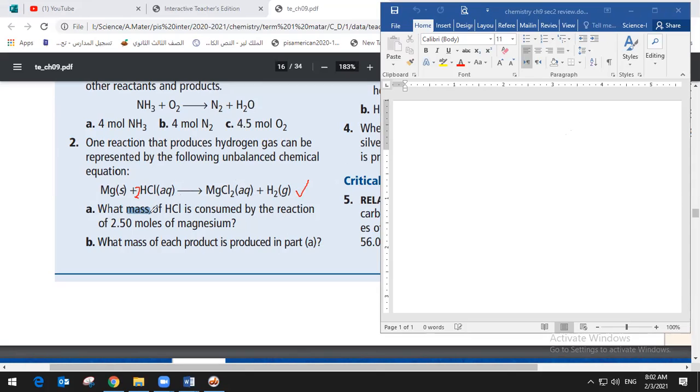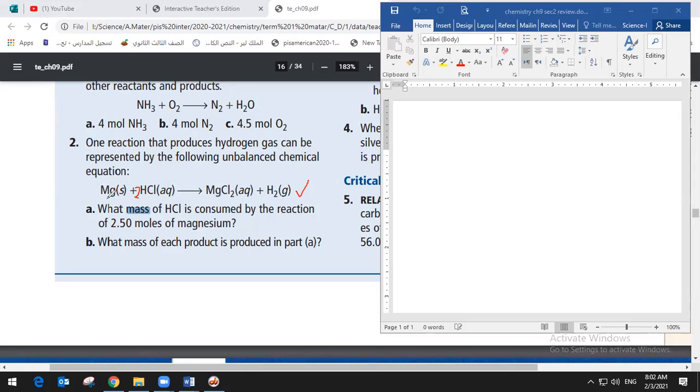Then we'll start. What mass of HCl is consumed by the reaction of 2.5 moles of magnesium? He asked about mass, grams. To get the amount in grams, first we should know the amount in moles. Brilliant. So let's use the equation here. 1 mole of magnesium produces how many moles of hydrochloric acid? 2. So 1 mole of magnesium produces 2 moles of hydrochloric acid.